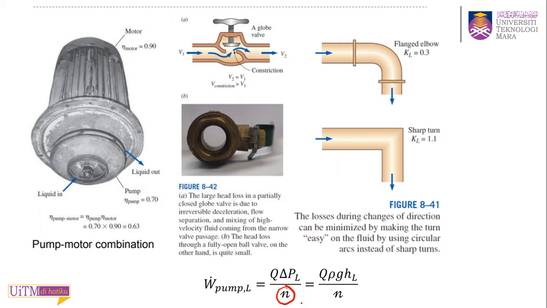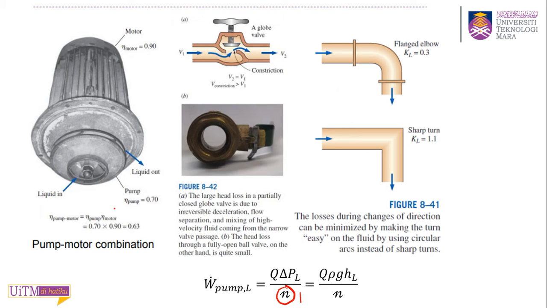If they assume 100%, there's no need to divide, or just divide by 1, which means there are no losses. So they will give you the efficiency, whether it's 0.7 or 0.9.